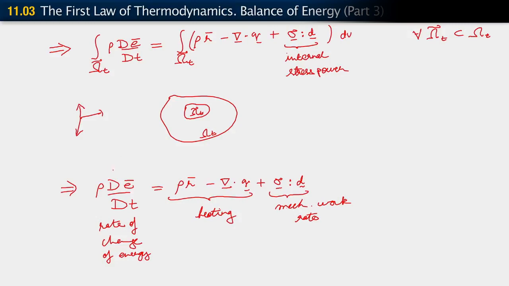One important thing to note here is that we do indeed have the material time derivative here, which is basically dE bar/dt equals the partial time derivative plus the spatial gradient of E bar dotted with the velocity.